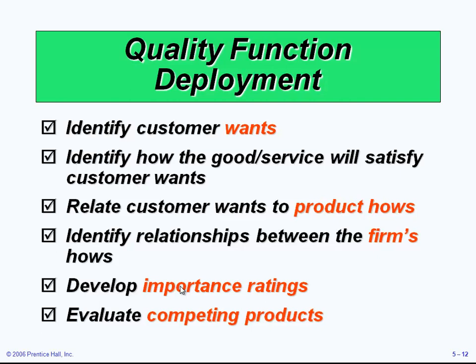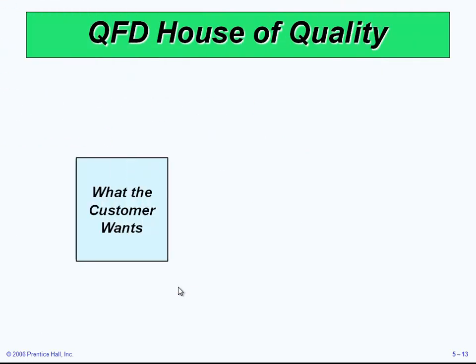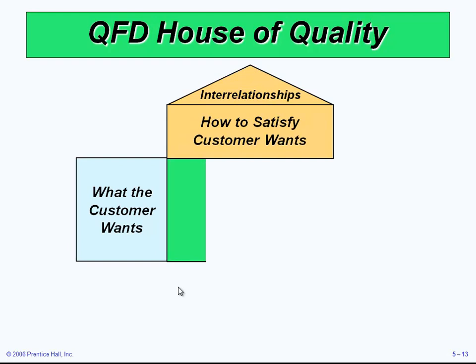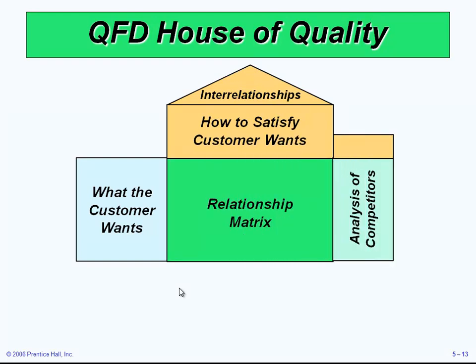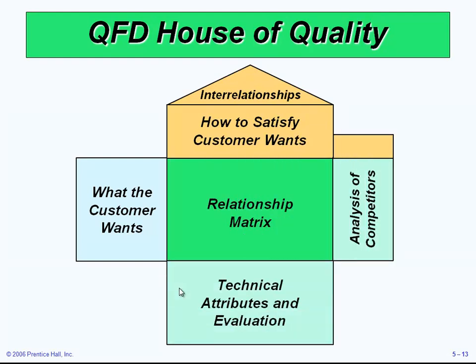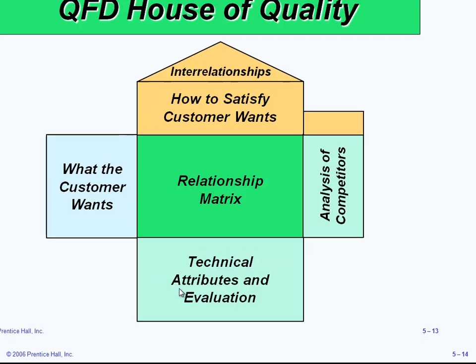Then relate customer wants to product house, identify relationships between the firm's house, and develop importance ratings, then evaluate competing products. As you can see in this graph, the house of quality is a graphical technique for defining the relationship between customer wants and product design specifications.